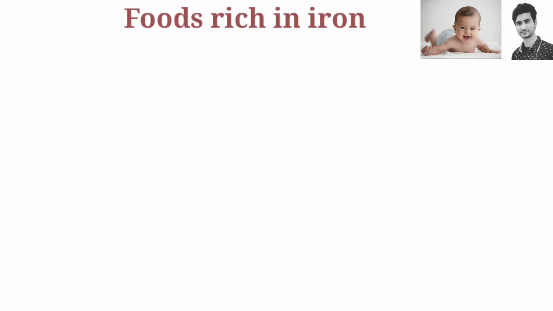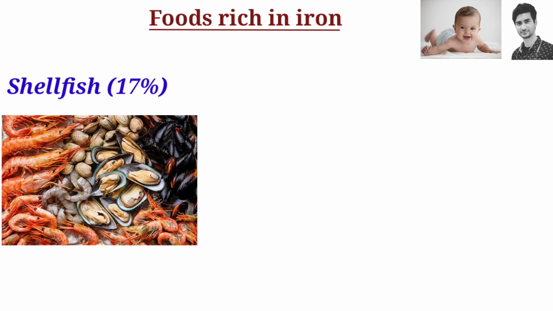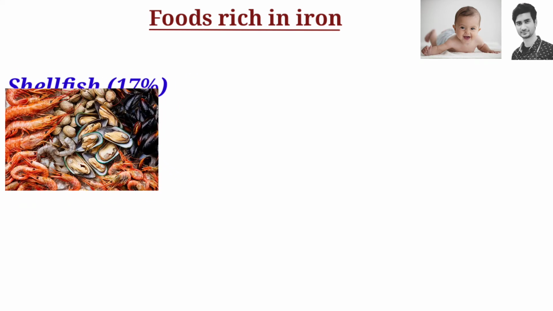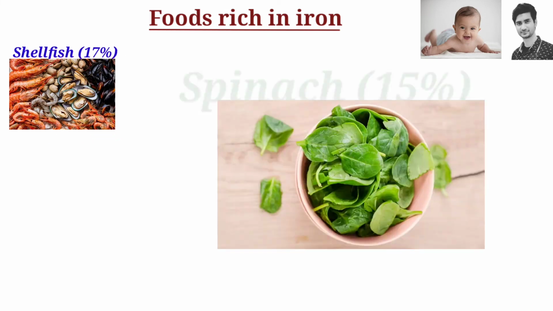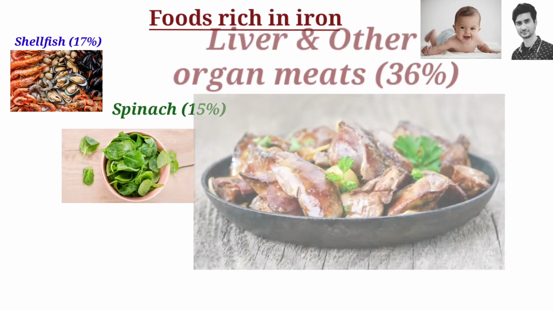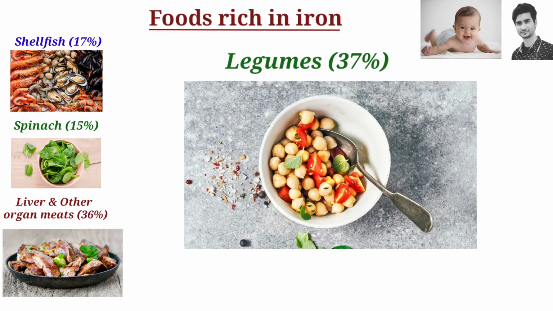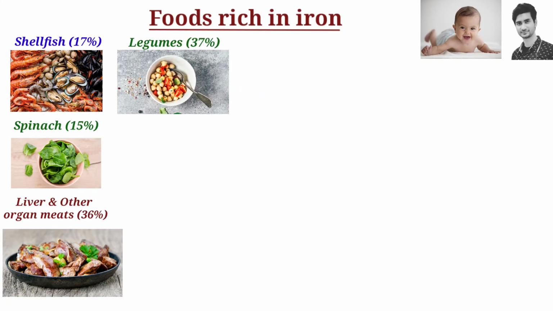Now, let's see some foods which are rich in iron. Shellfish, 100 gram provides 17% of daily value for iron. Spinach, 15%. Liver and other organ meats, 36%. Legumes, 198 gram provides 37% of the daily value for iron.